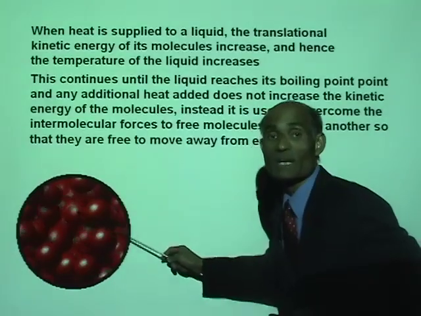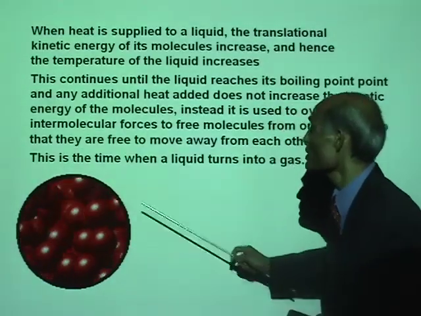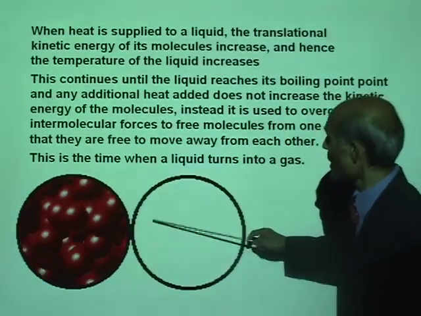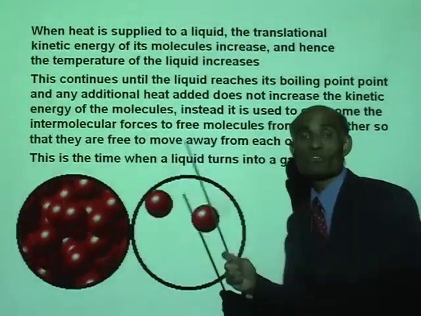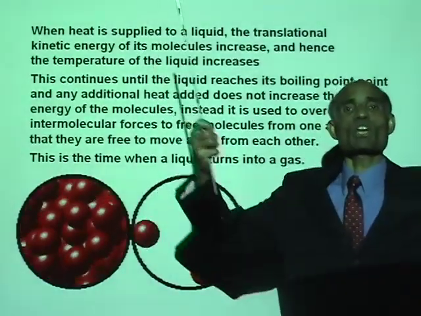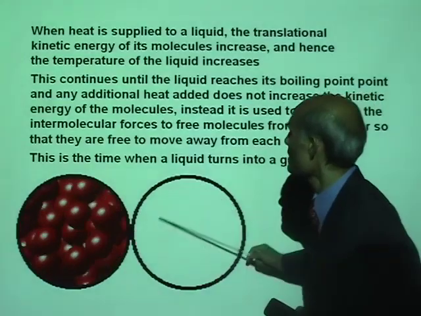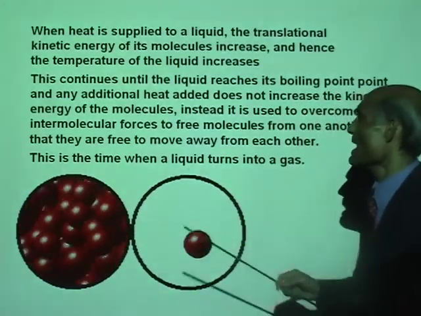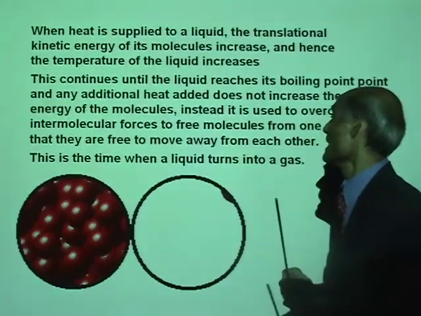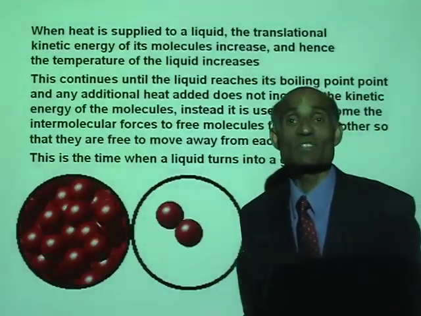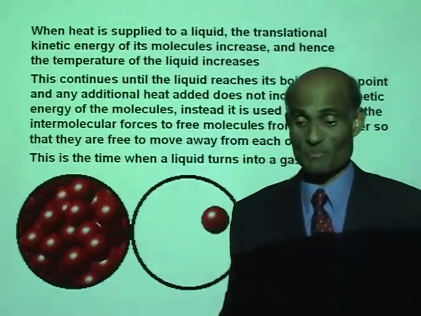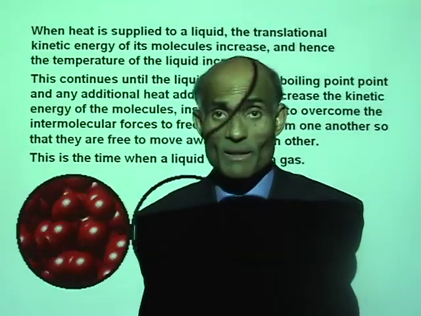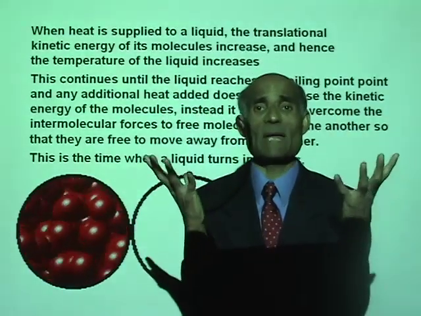When the liquid is at its boiling point, the additional heat required is simply used to break the molecules away from each other so that they can now move about. Now this is the time a liquid turns into a gas. So let me summarize this once again.